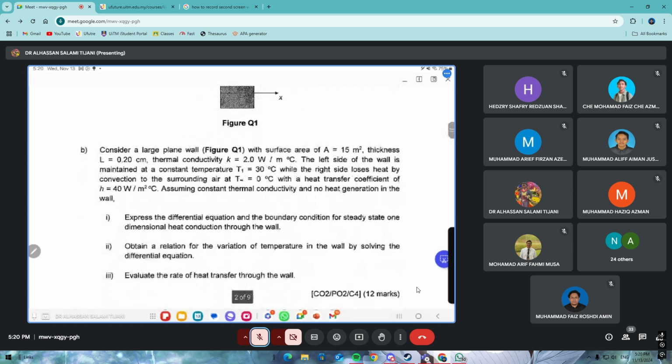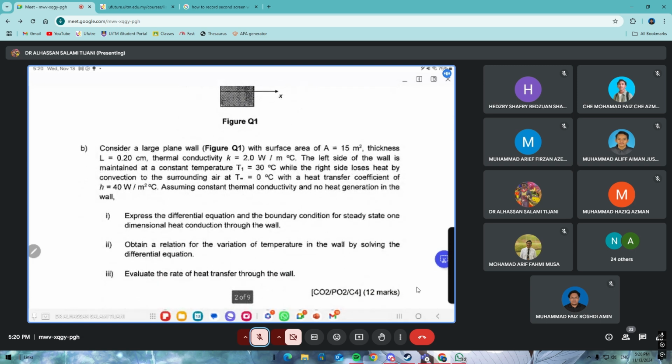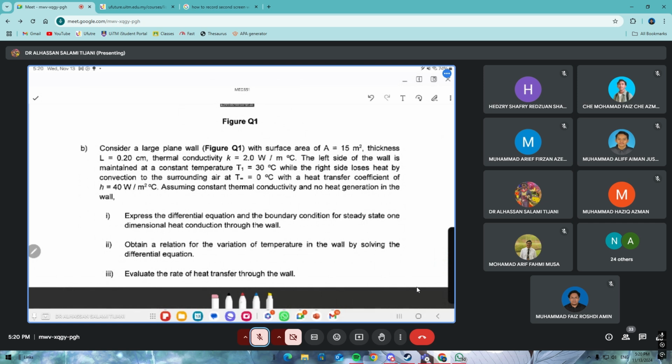Now the assumptions that are given in the question are like this. We have steady state condition, and then one-dimensional heat conduction, okay? And no heat generation.